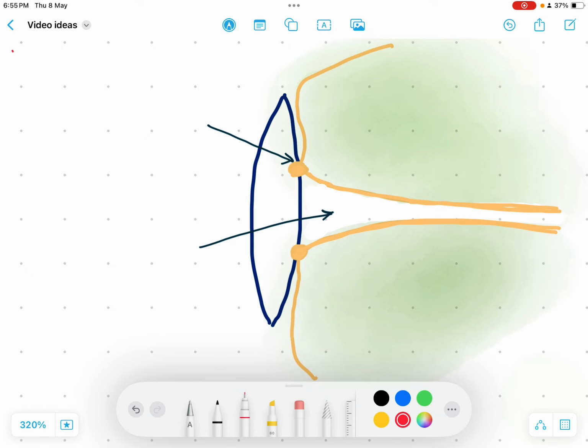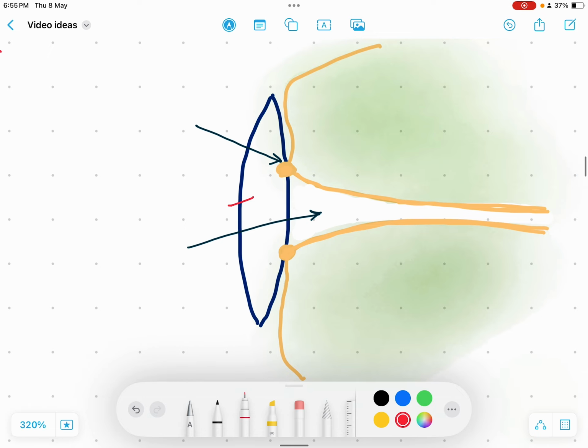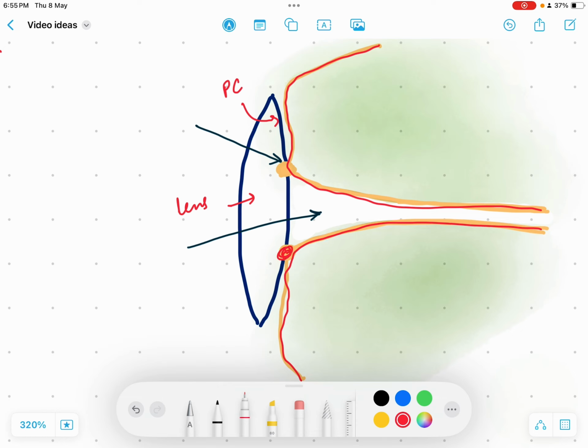There is a potential space that forms just behind the posterior lens capsule. So this thing drawn in blue, this is the lens. This is the posterior lens capsule. This drawn in orange is the vitreous. Vitreous is attached at this point and this point.